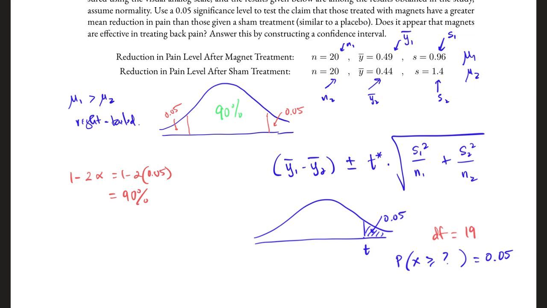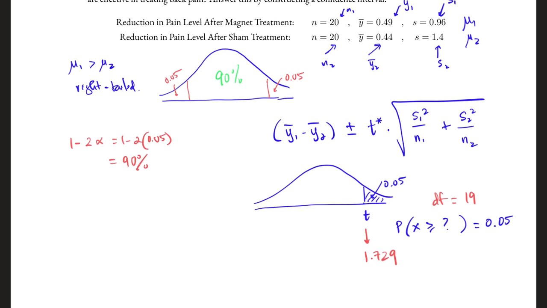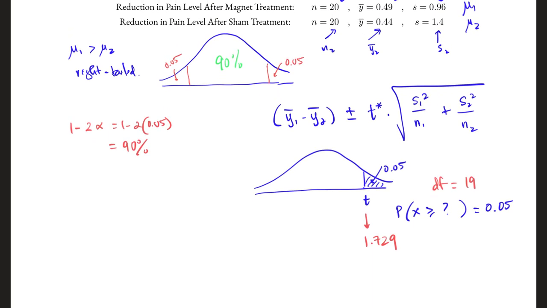The calculator will give us the corresponding critical value t, and it is 1.729. This critical value not only depends on this significance level, but it also depends on the sample size or the degrees of freedom. Now that we have every component in this formula, we can compute the confidence interval.